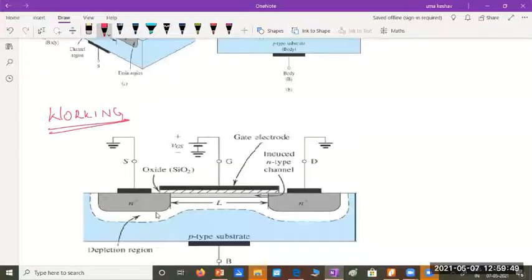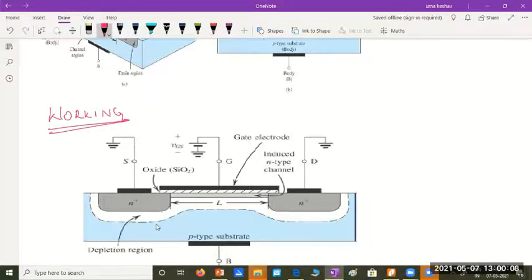So the depletion region around the source and drain will appear something like this, and there won't be any flow of charge carriers once this depletion region is formed. Before that, we know how the depletion region is formed.